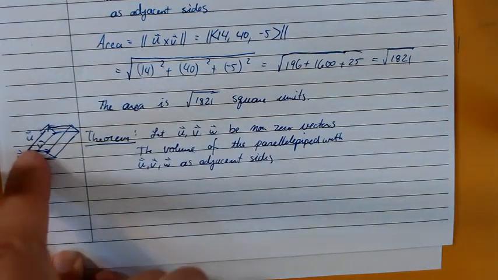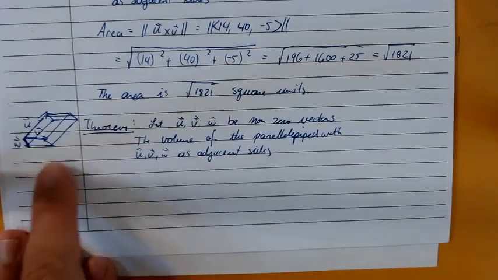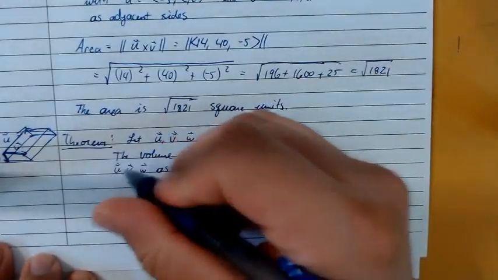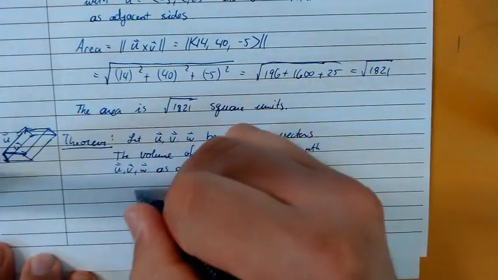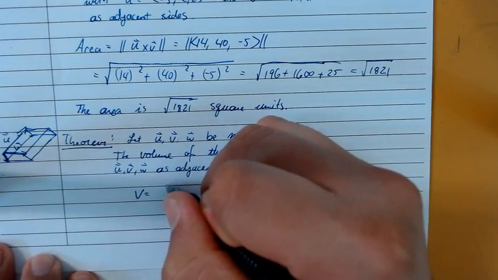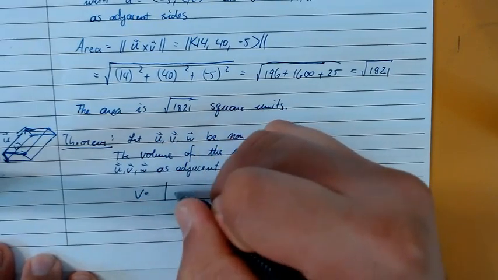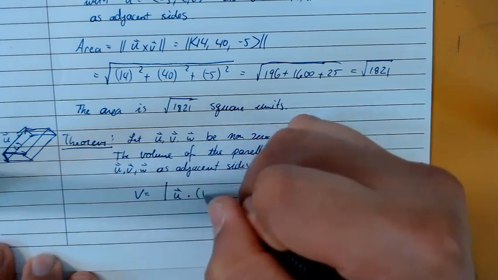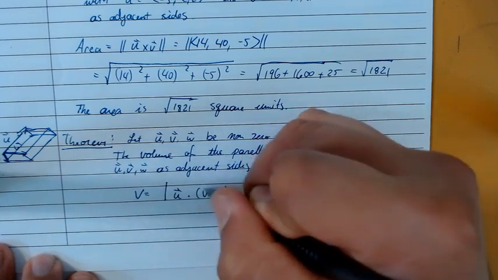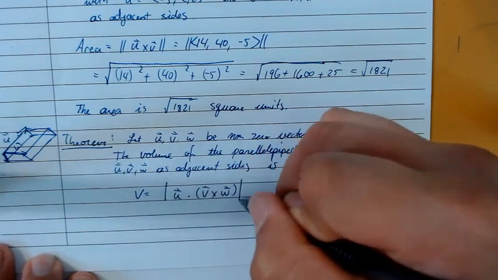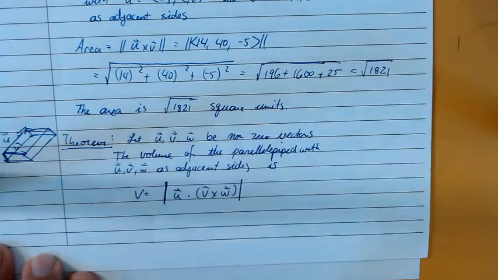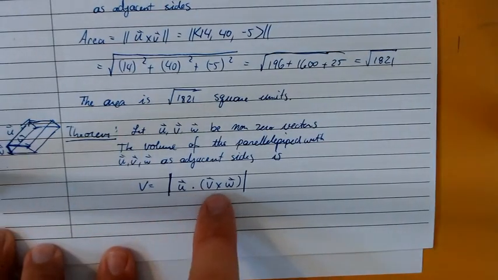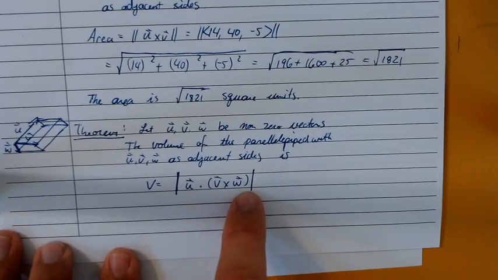Those define your adjacent sides. Okay? If you take the volume of that, that's going to equal the absolute value of u dotted with v cross w. Here we say absolute value just because, well, we can't have a negative volume. So here's the absolute value of u dot with the cross product of v and w.